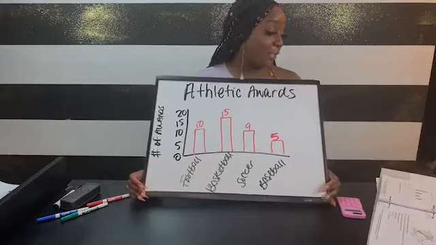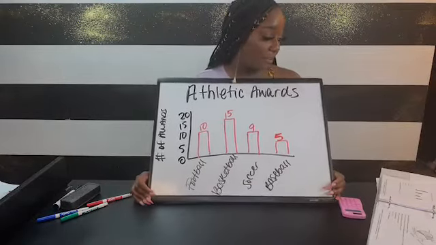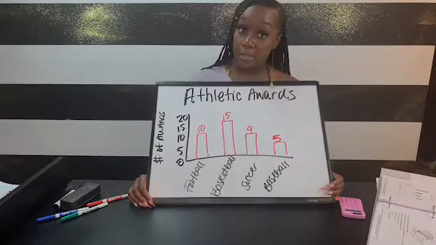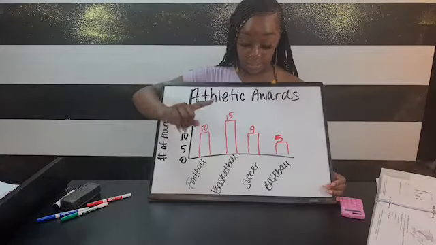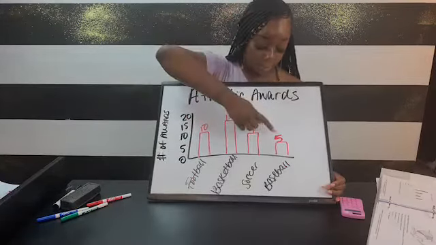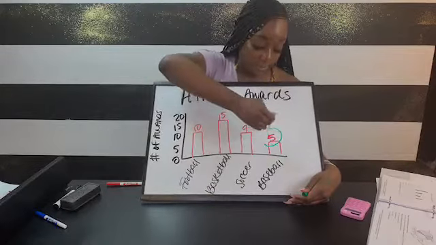Alright, so if we had a question based on this graph and it says, based on the graph, what percentage of the scholarships awarded were given to baseball players? So I know one thing I'm going to need to know is how many baseball players were awarded, so we know that it was 5. And they want to know what percentage of the players were awarded.